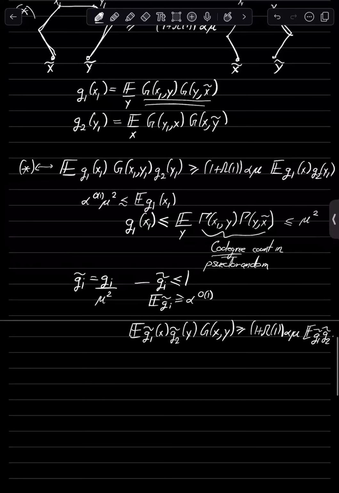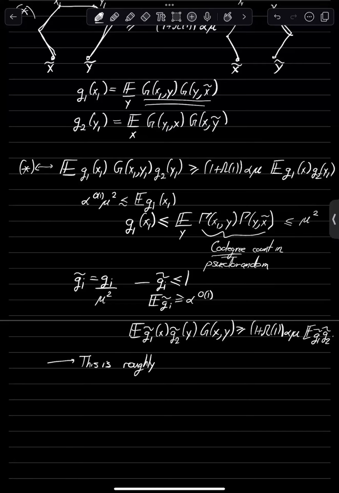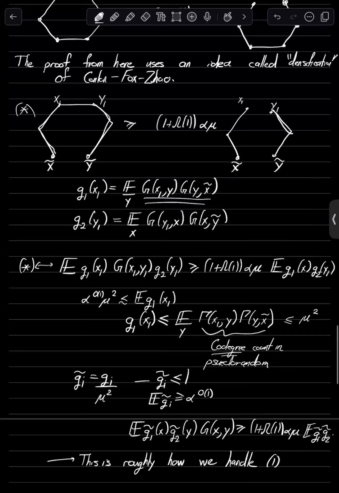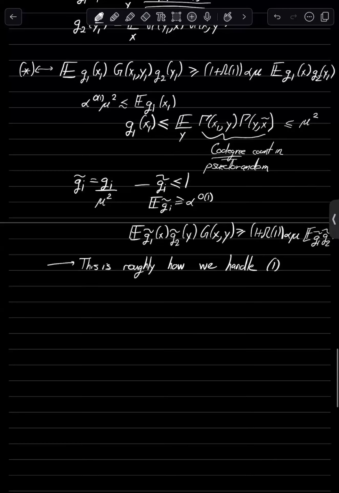And so this is roughly how we handle one. I promised that I would say one sentence about what's happening with two. The key thing to observe is what the pseudo-randomness condition is.